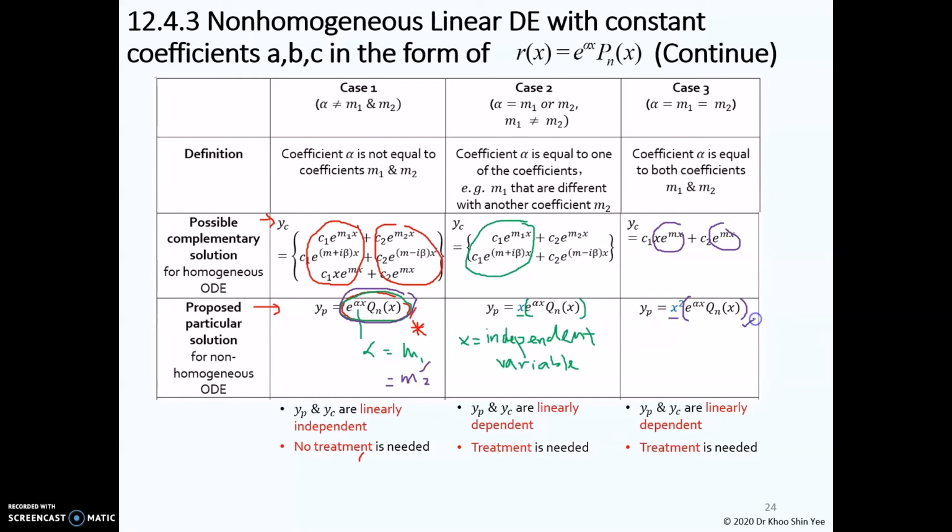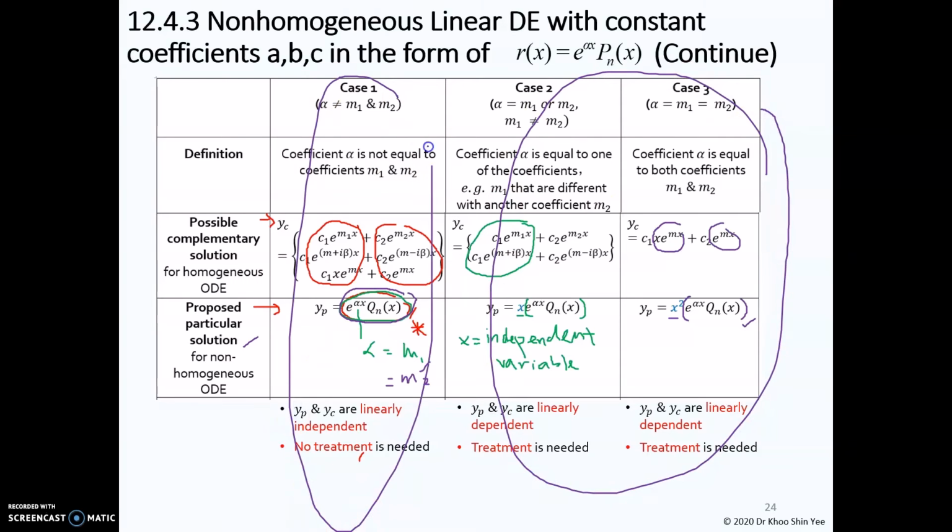By doing this, the particular solution now has a different format from the complementary solution. With that, we say yp and yc are linearly independent now. So this is the way to validate the particular solution. You should know when to perform the treatment, like these two cases, and when you do not need any treatment, like this case.